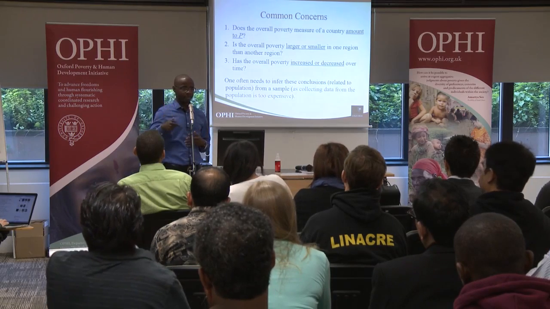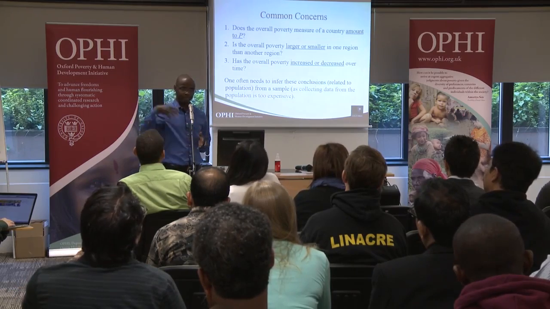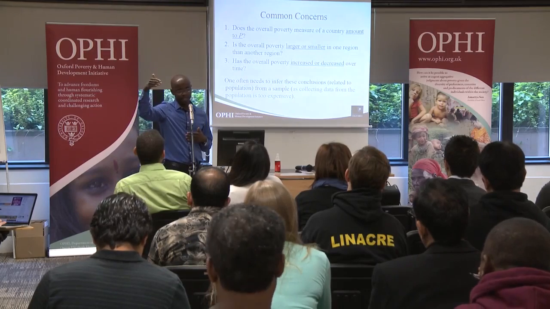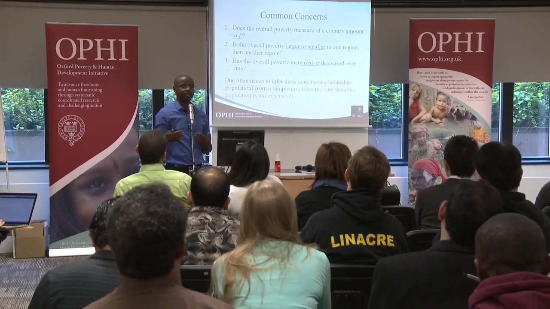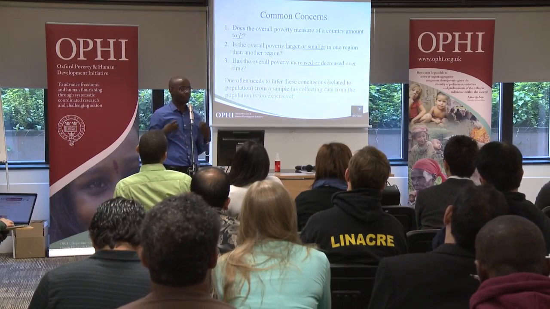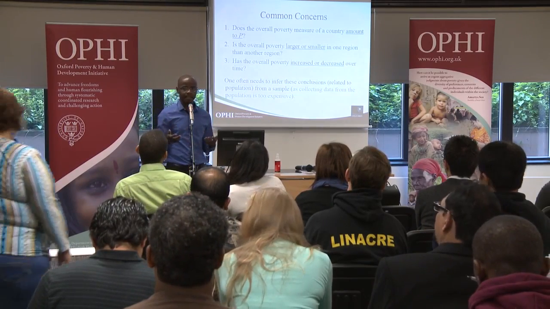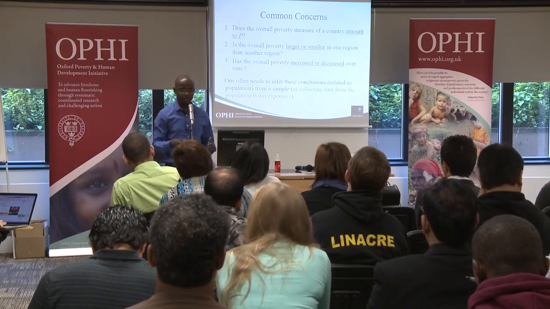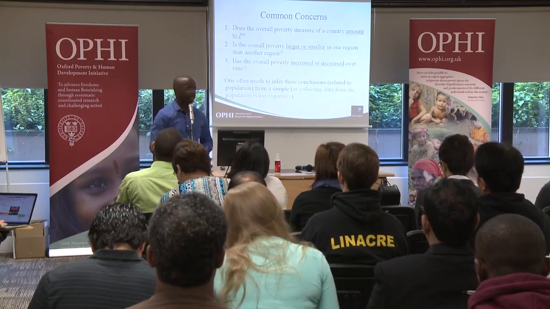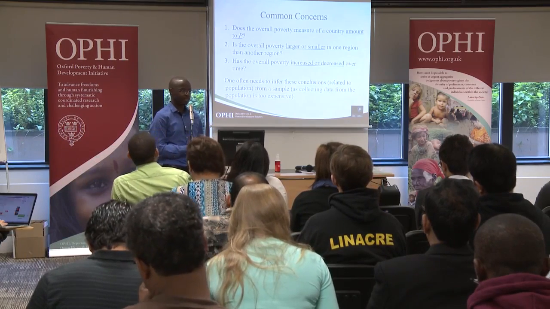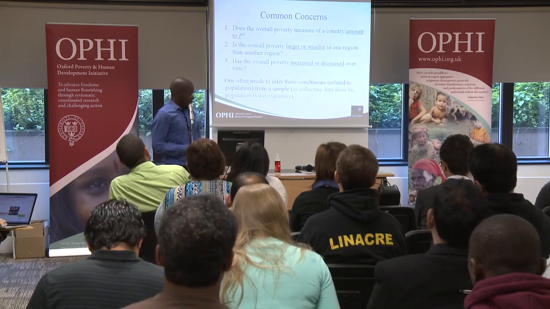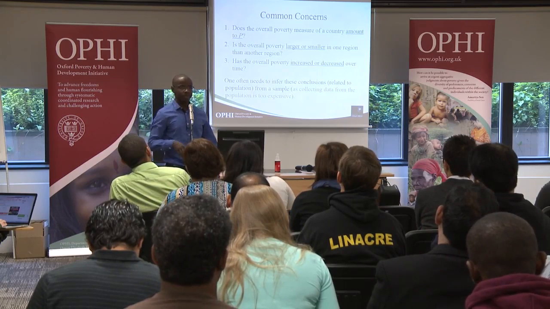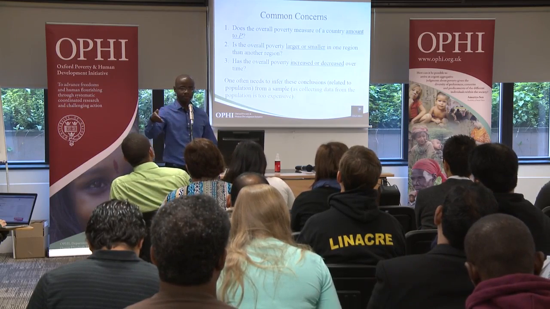If you compare poverty from an initial date to the final date, and we see some reduction in the final date, to what extent is this reduction really statistically significant? We need all these statistical analyses to go and sit with our president or minister and claim with confidence that this is what the situation is. So basically, it is how to draw conclusions from a sample to infer to the population level.